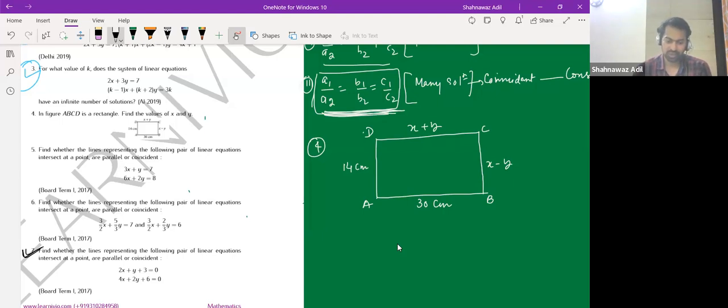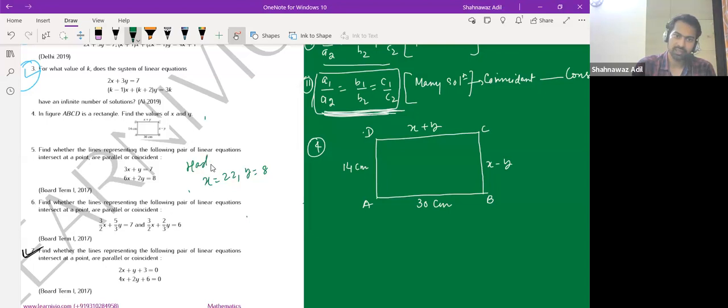No. So what do we know about the rectangle? What is the property of a rectangle? All the angles are 90 degrees. Harshit has got x equals 22.